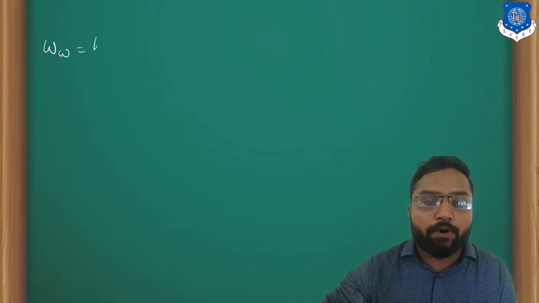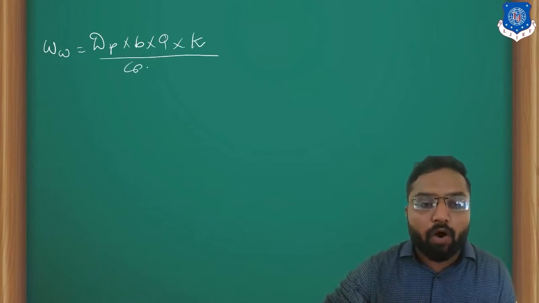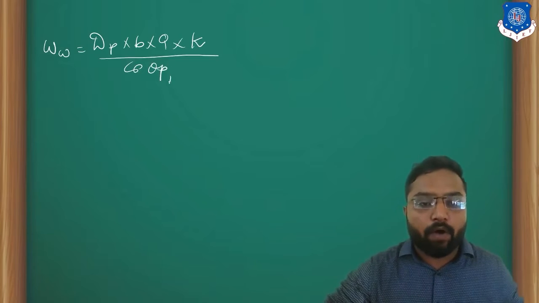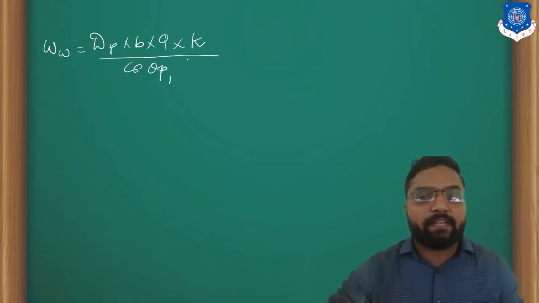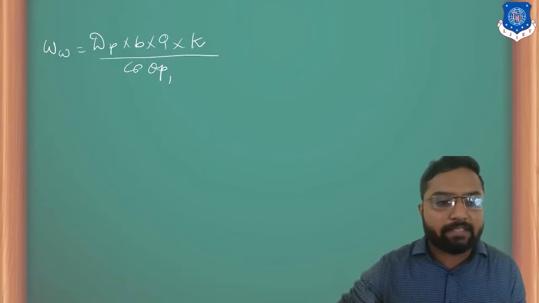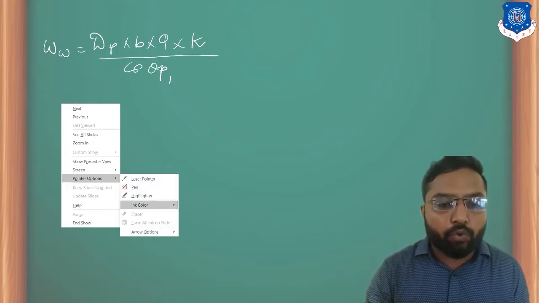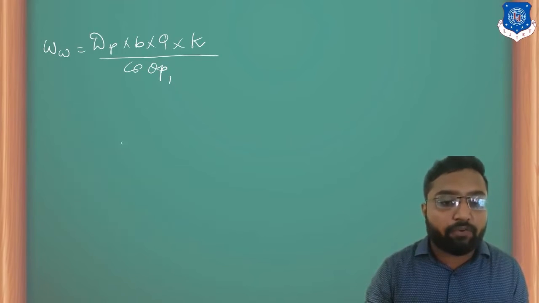Wear load Ww is dp into b into Q into K divided by cos theta p1. In this case, we have dp, we have b, we have Q, we have to find Q, and we have to find K.